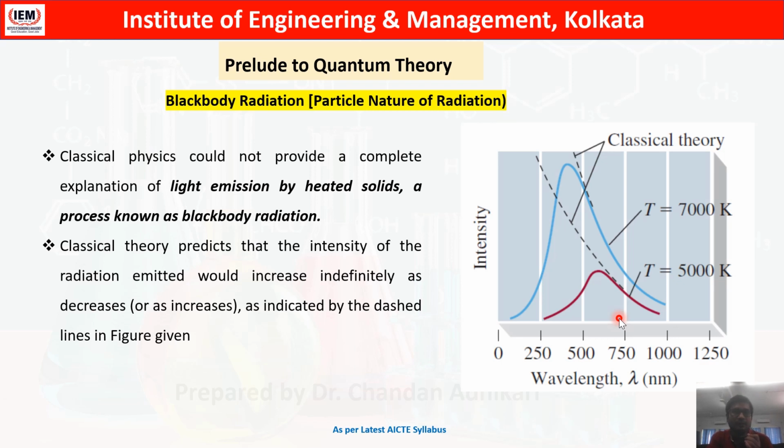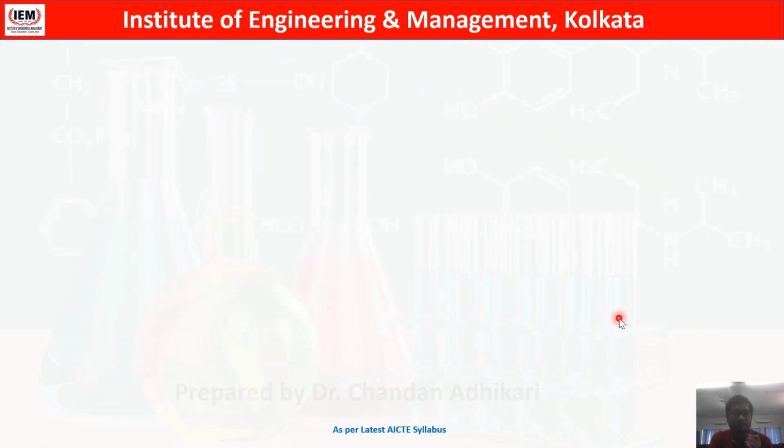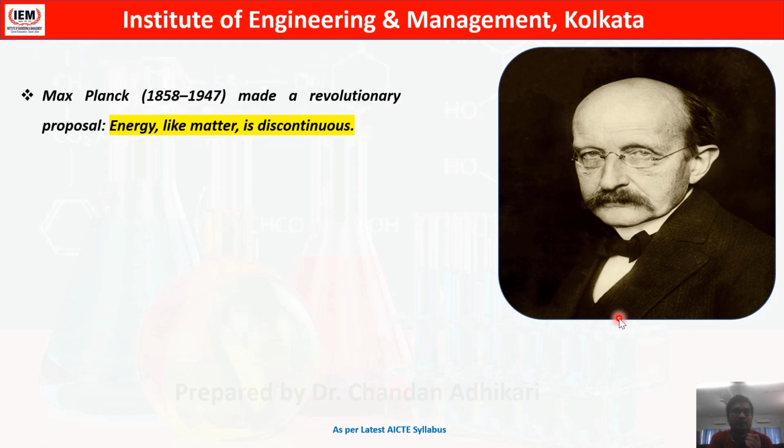Now black body radiation was quite surprising for many years to many scientists, because it was not explained by classical mechanics. So there was something missing, and the missing point was first pointed out by a great scientist, Max Planck, who made a groundbreaking, out of the box statement that energy, like matter, is not continuous, it is discontinuous.